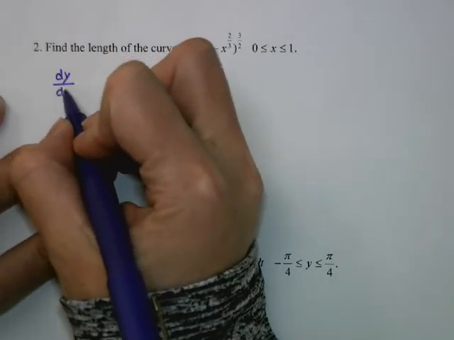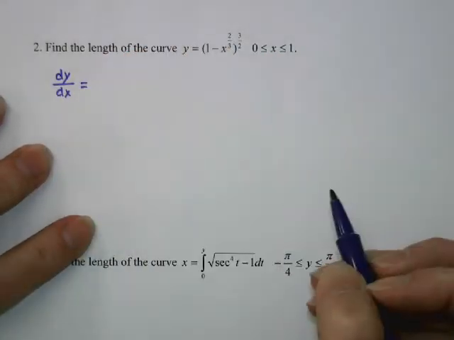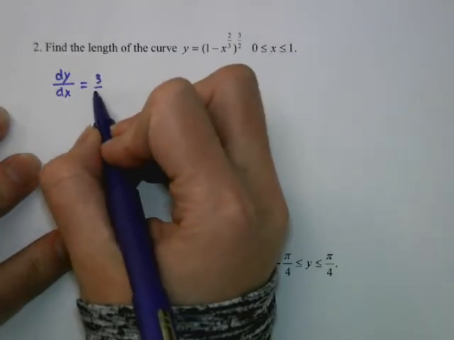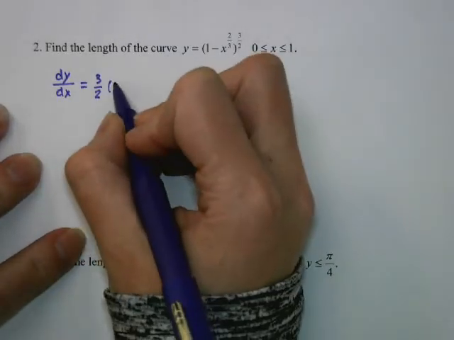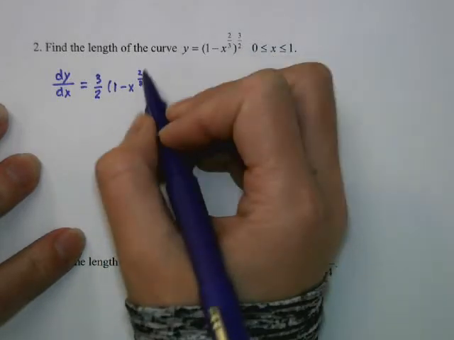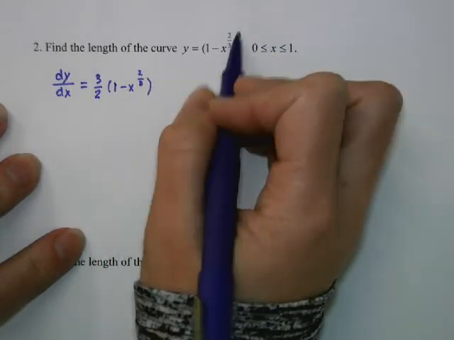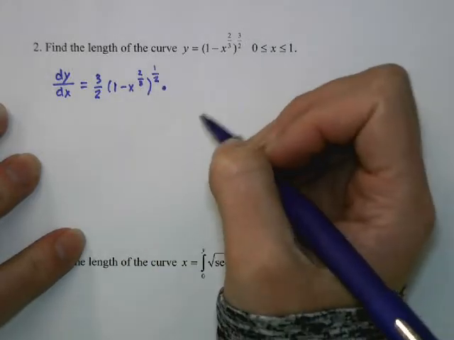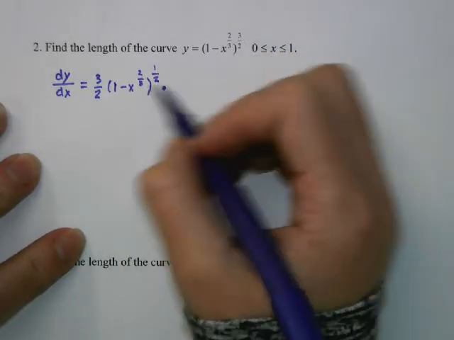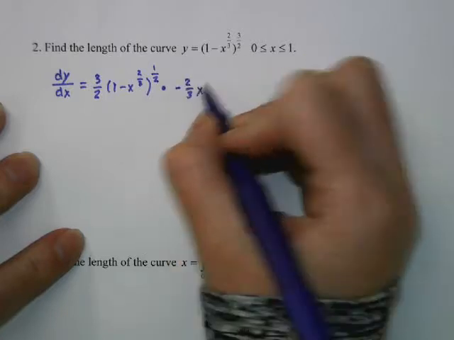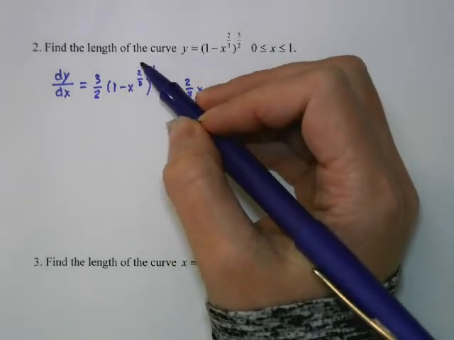Use our chain rule never goes away. So times a negative 2/3 x, subtract 1 from 2/3, we get negative 1/3. Okay, so the 3/2 and the 2/3 cancel each other out. So I'm going to have negative x to the negative 1/3.